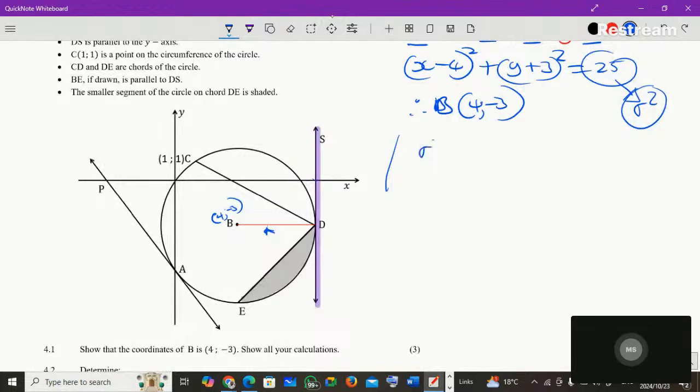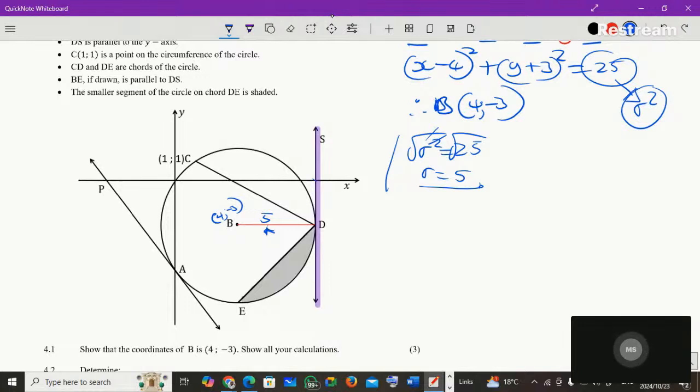So we know that r squared is 25; take the square root of both sides, and the square and the root cancel, so r is equal to 5. So the radius, the distance from B to D, is 5 units.